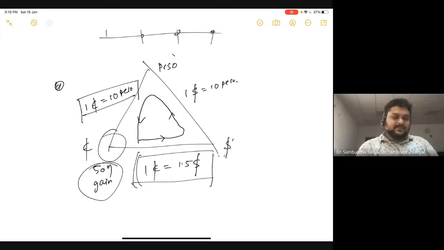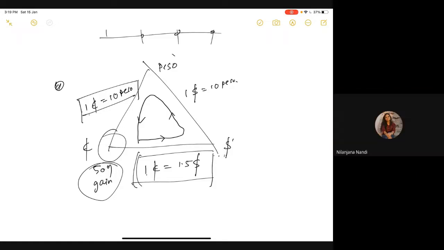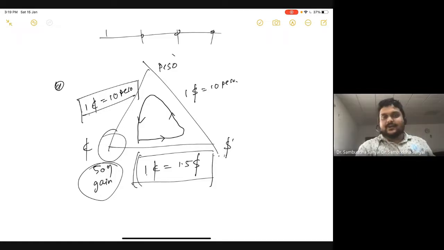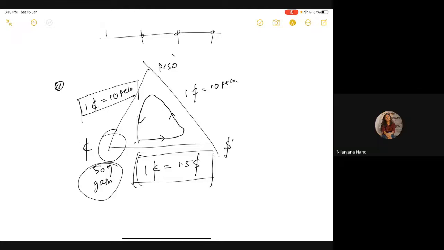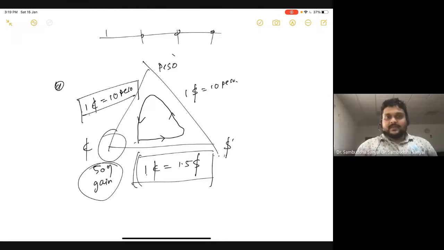So if I call 10 peso as 1 peso, okay, and if I change this transformation as $1 to 1 peso, that should not change anything. It's a local transformation, and that is not changing the observable effect, which is the wealth of the person, the 50% gain, when it returns. Okay.